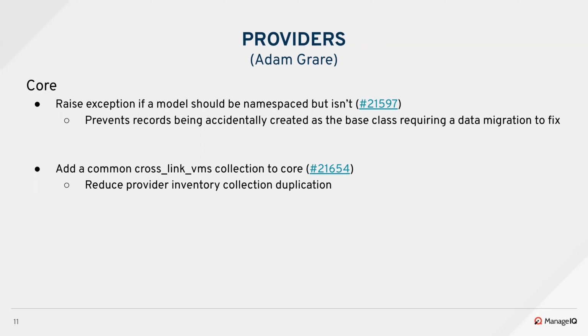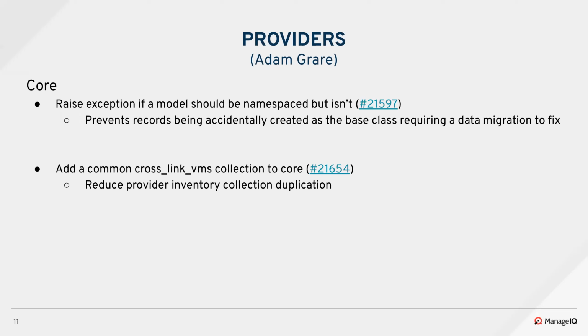So for providers this sprint in core, we finished up a set of work to raise an exception if a record is being created as part of refresh when it should be namespaced, but it isn't. This is typically an error in the definition of the class in the provider.